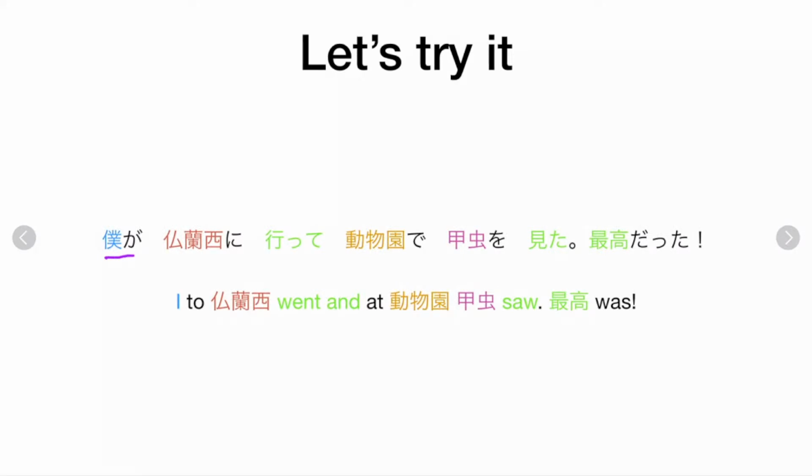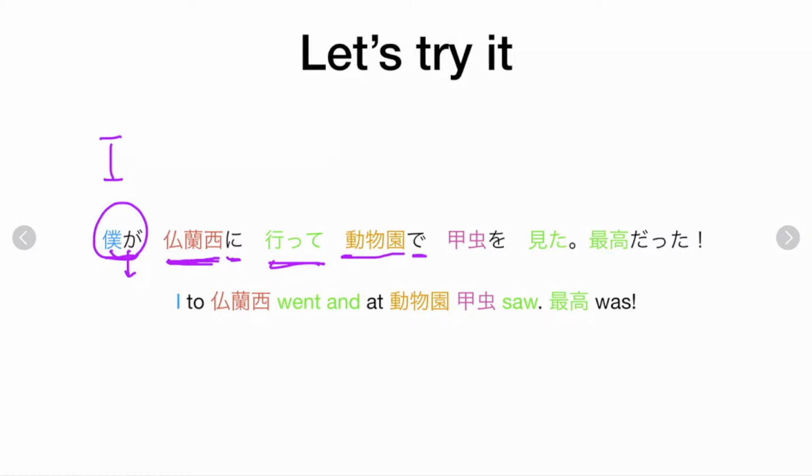So this is boku ga. It's the ga marked subject, okay? So we know this is the subject, and the subject is I. Something, ni. Itte, this is iku, which is to go, and it's in te form, which means that you do and, okay? So I went to whatever this is, and something something de.